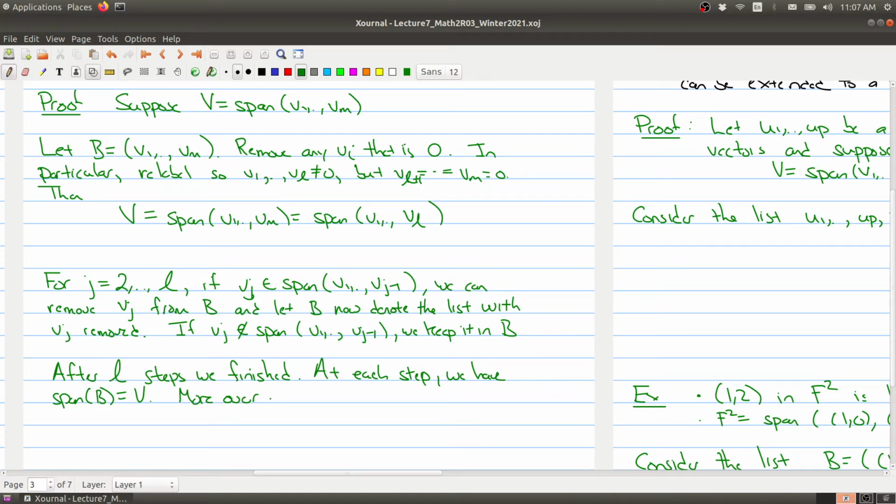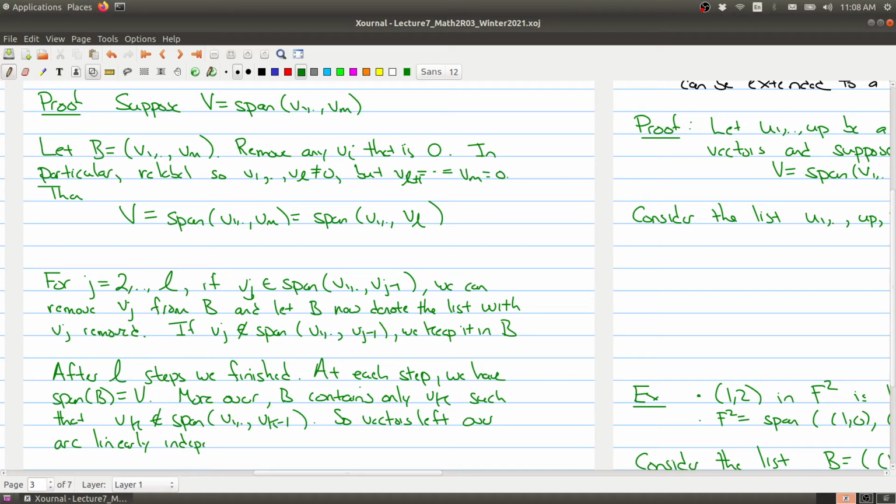Moreover, what we have left over, B, contains only the vectors Vk such that Vk is not in the span of the vectors you've seen before. So the vectors left over are linearly independent.